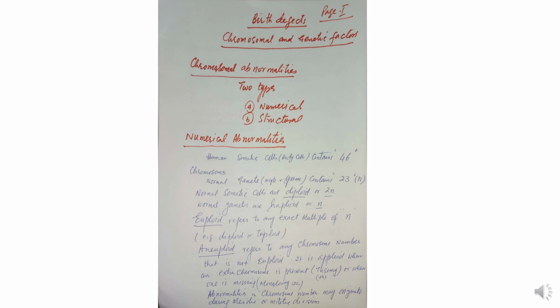That is actually not 92, because a double chromatid is given the name chromosome. So they are 46 chromosomes.